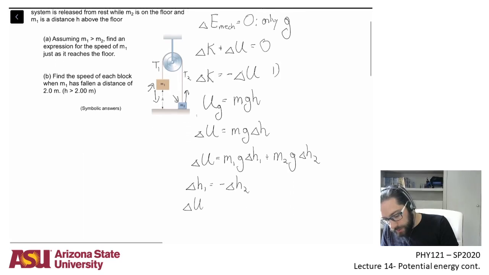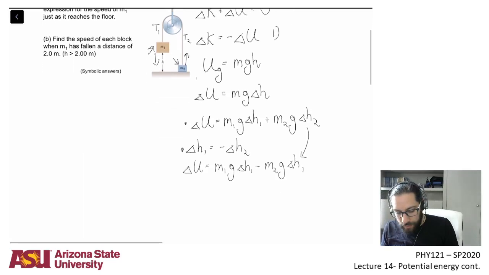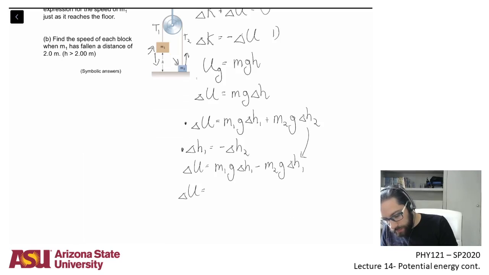Therefore, delta U is equal to m1 g delta h1 minus m2 g delta h1. All I've done is plug this equation into this equation. Let's move on. Therefore, delta U is equal to (m1 minus m2) g delta h1.